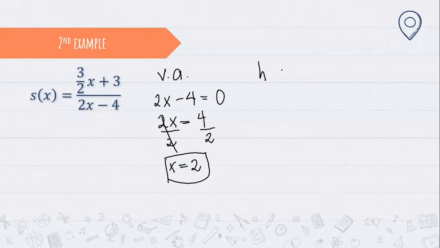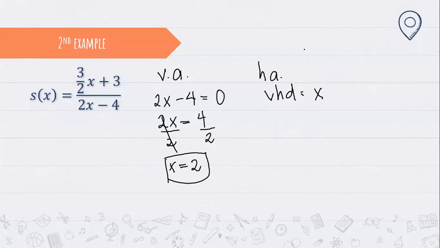Ayan. Horizontal asymptote. Kunin natin ang variable with the highest degree. The variable with the highest degree is what? X, sir. Very good. Kasi walang namang ibang exponent.